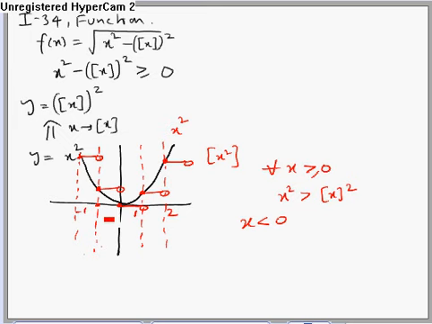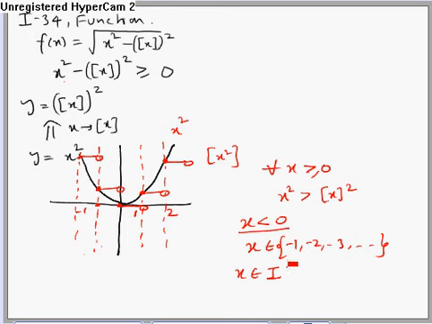For example, we will include -1 in the solution set, because at -1 x squared is equal to the greatest integer of x squared, since they meet at a point of intersection. It means this is equal to this, so the expression is 0, and we have to include those points where the expression is 0. So for x less than 0, we include all integer points. x belongs to all integer points, -1, -2, -3, and it goes on, or we can say x belongs to the negative integers, right?